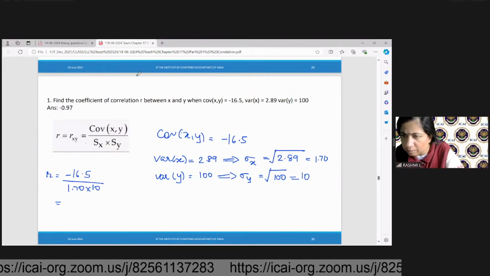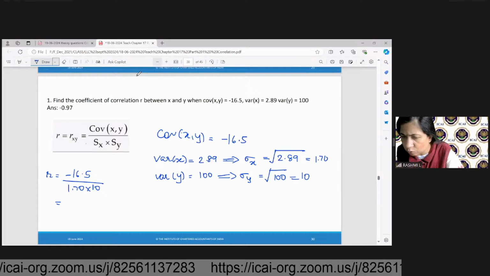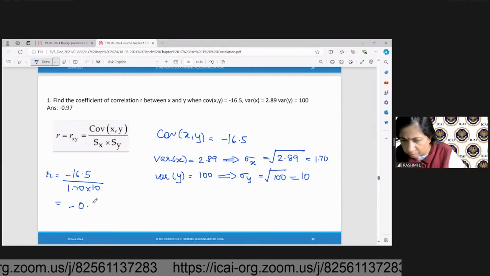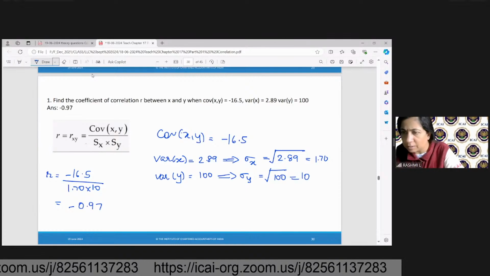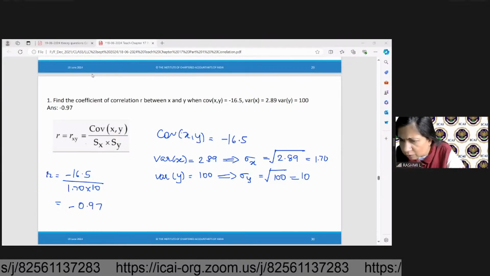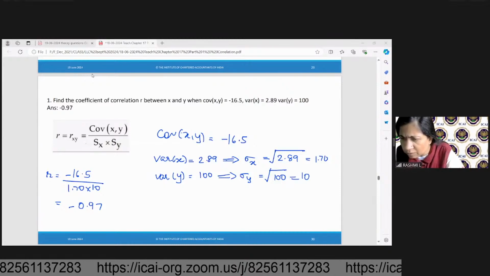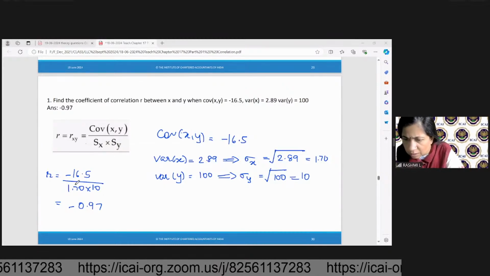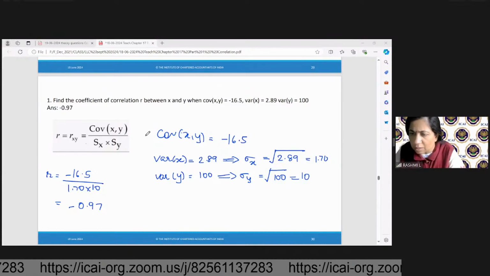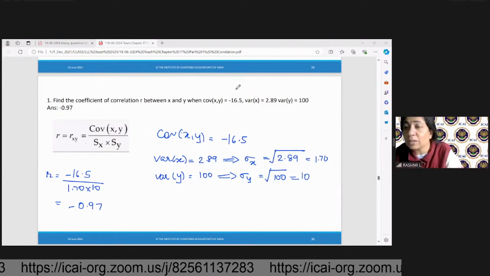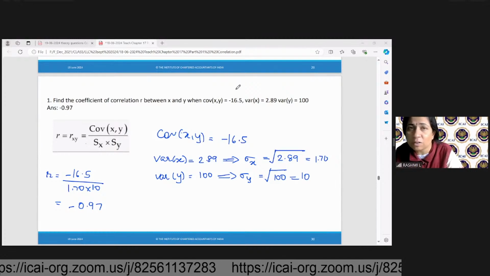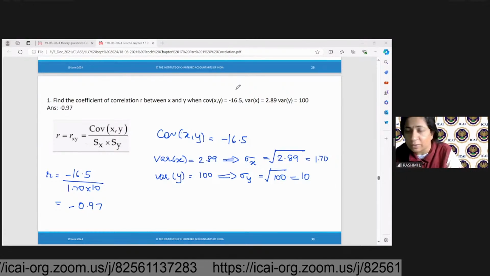What is the answer? 0.97 with a minus sign. Yes. Jyoti, why minus 1.65? This is divided by 1.70. And again, same thing. You cannot have the value of R greater than 1 or less than minus 1. Okay.